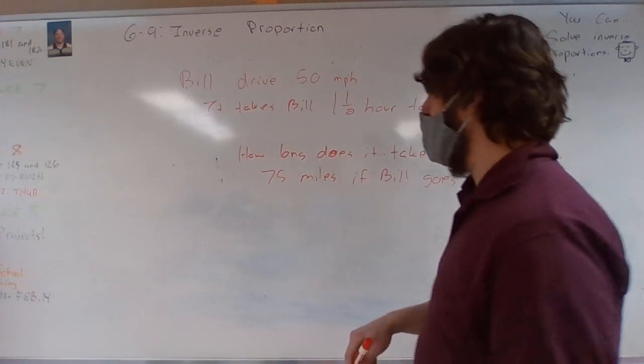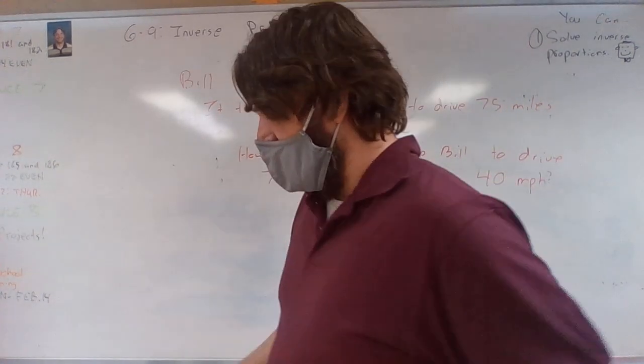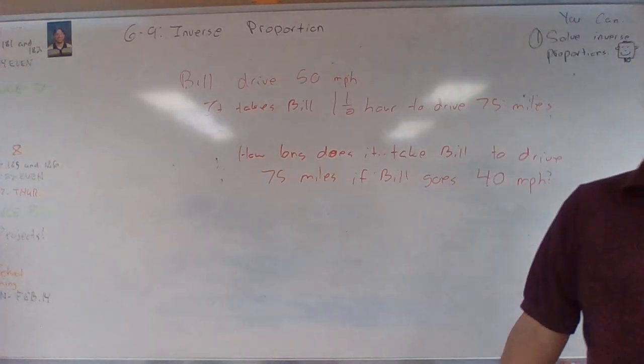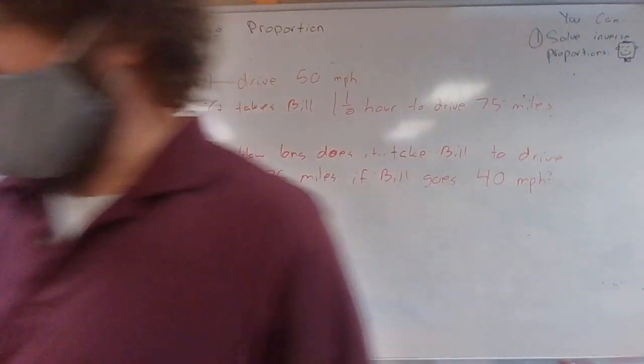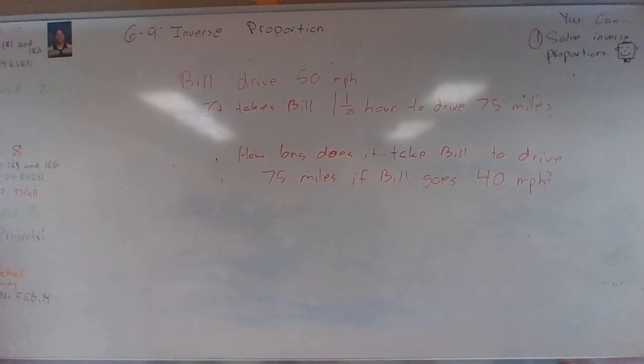So, setting it up here. This is how I chose to set it up. There's, again, a couple different ways you can set this up. But hopefully, as you're working through this, it took him an hour and a half at 50 miles per hour, right? So if we're going slower, should my final answer be greater or less than 1.5?